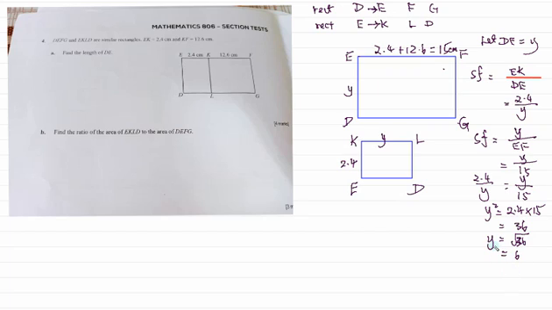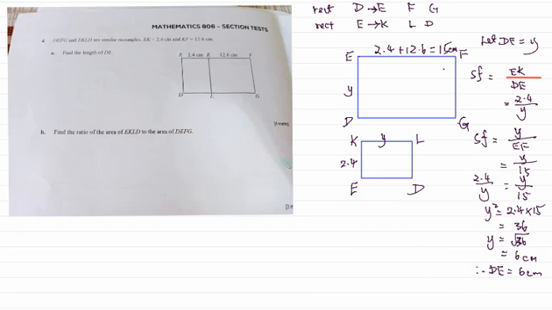In other words, this value DE is equal to 6 cm. In this case, the unit is cm. So Y is actually DE. Therefore, DE is equal to 6 cm.